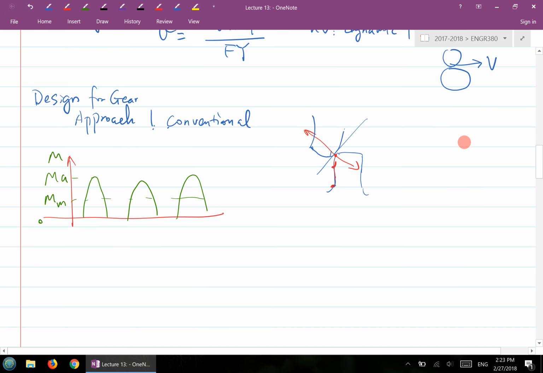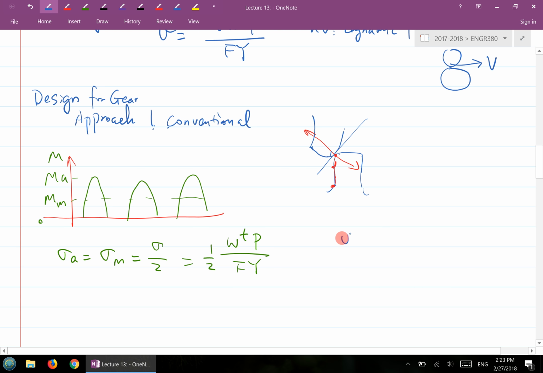So the conventional one, if you recall, is some sort of fluctuating type of loading. So we can calculate sigma A, and we can calculate sigma M. In this case, it is actually the same thing. So half of sigma, and then half WT times P over Fy. That's the Lewis equation stress, right?